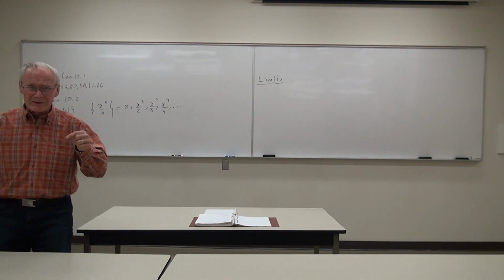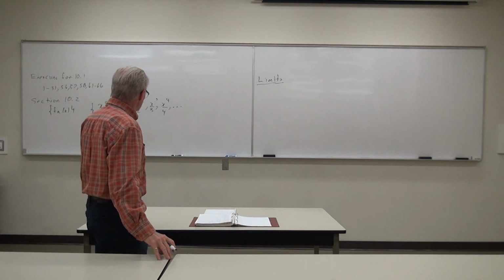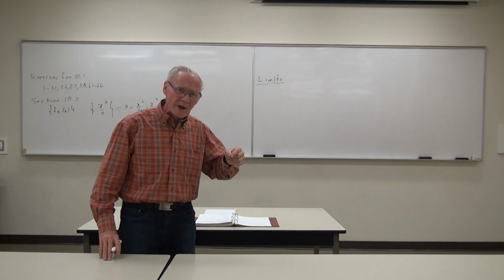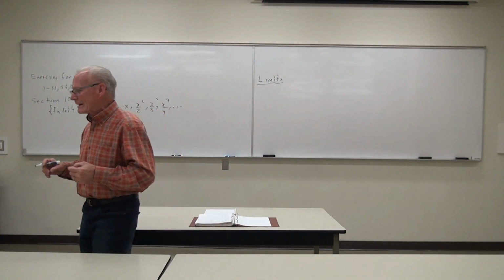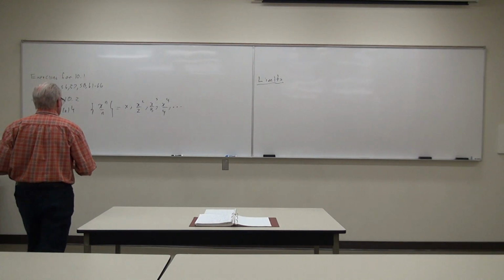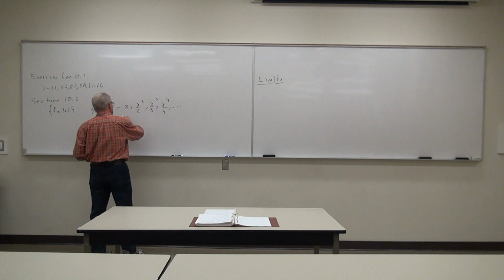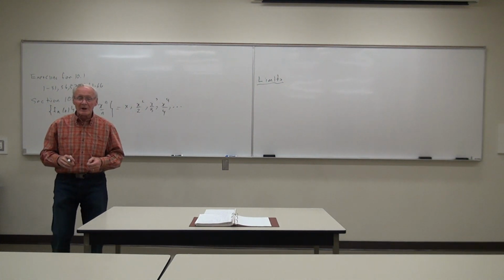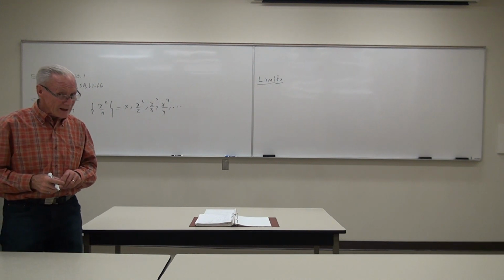Not only are there n's, but there are x's. A sequence of functions might have a limit for some values of x, but not for other values of x. So you've got an added difficulty: you're really asking, are there values of x for which this sequence of functions has a limit? That makes it somewhat more difficult to analyze.